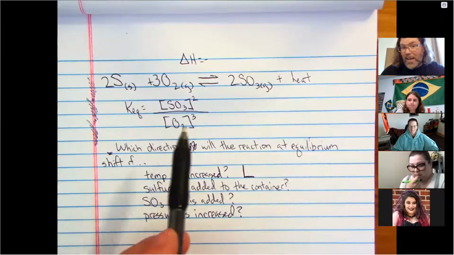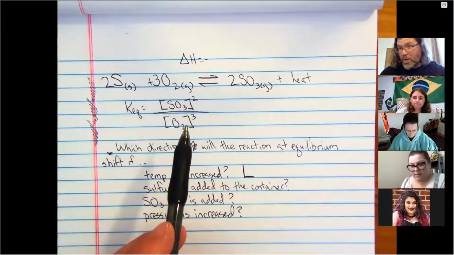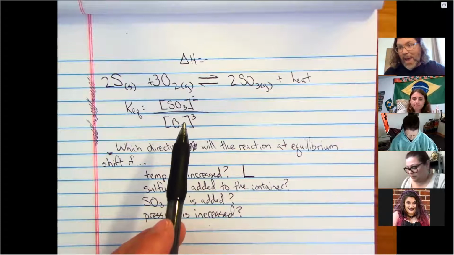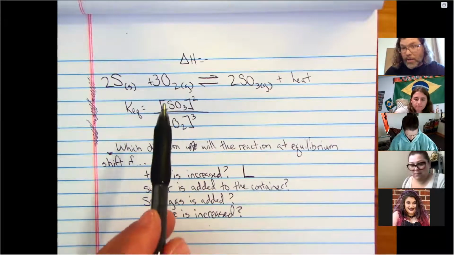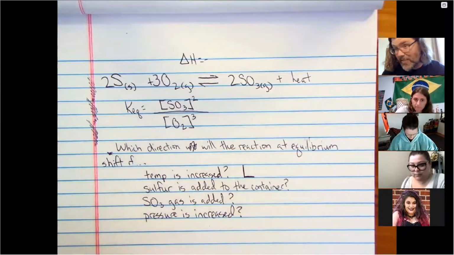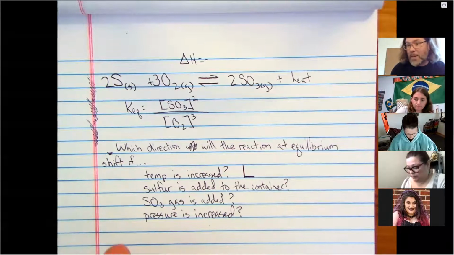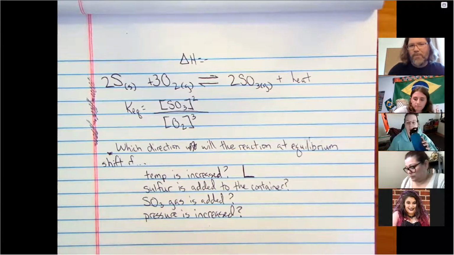Because it's a solid, it doesn't show up anywhere in the equilibrium expression, which means that if we add more or take some sulfur out, it's not changing the products or reactants that are in the equilibrium expression, so it doesn't affect the equilibrium. Sulfur has to be in there to make the reaction work, but the exact amount of it that we have does not affect the equilibrium. Very good. That was a hard question.